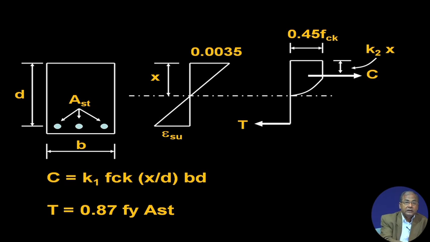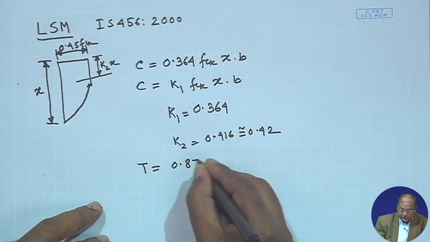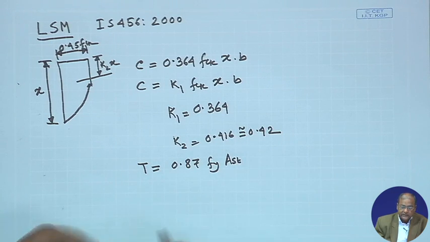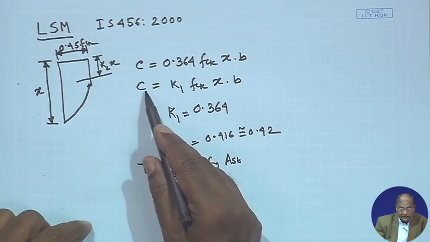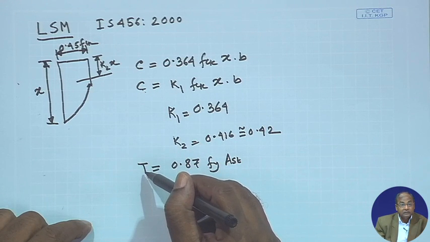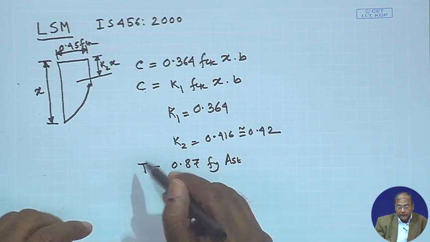So, C equal to Q1 FCK x by D B D, T equal to 0.87 Fy AST. Let us write down that one here also, T equal to 0.87 Fy AST.